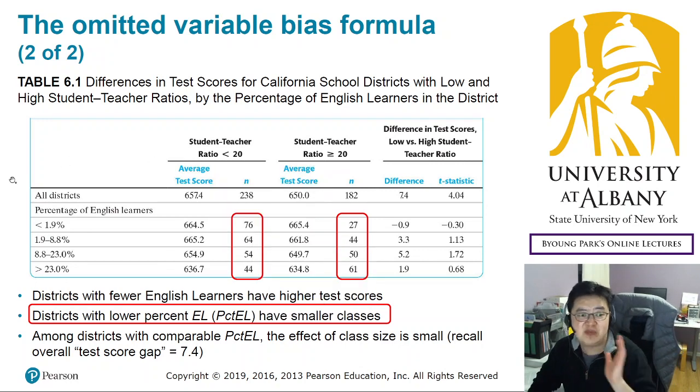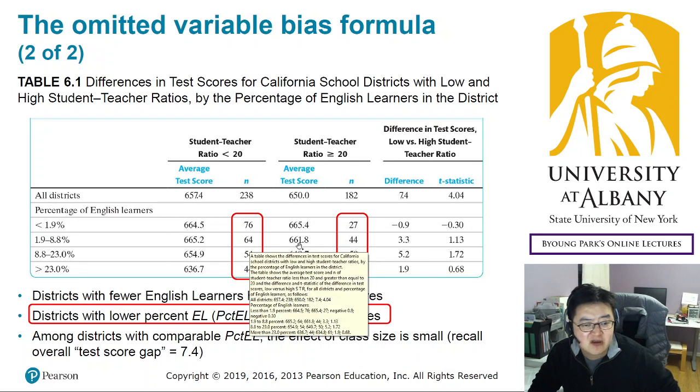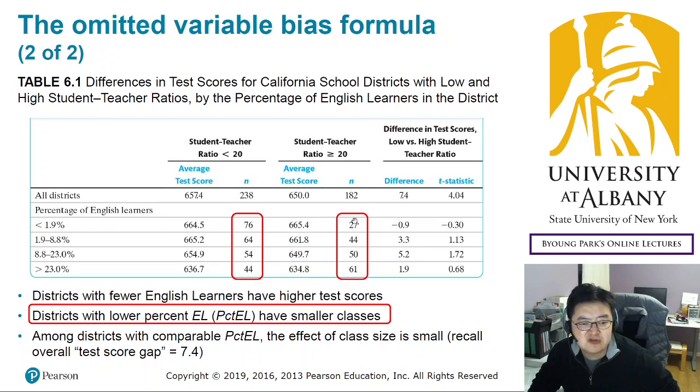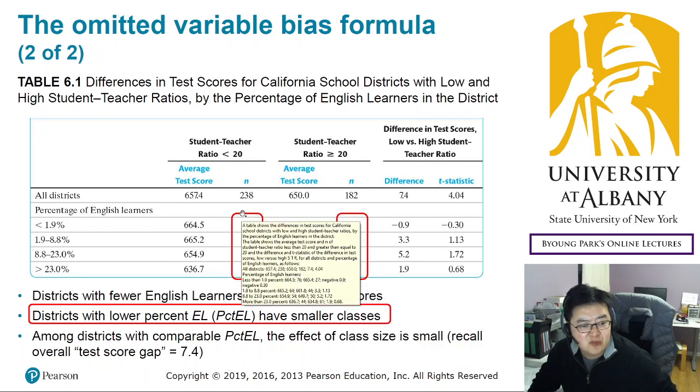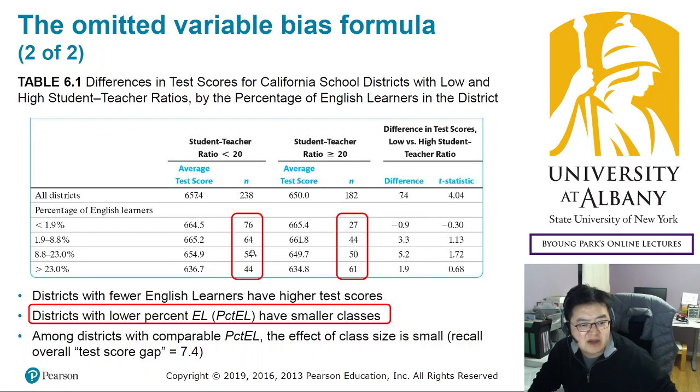On the other hand, think about the ratio: 76 to 27, and then 64 to 44, and then 54 to 50, 44 to 61. So there is a clear drop here and a clear increase here.